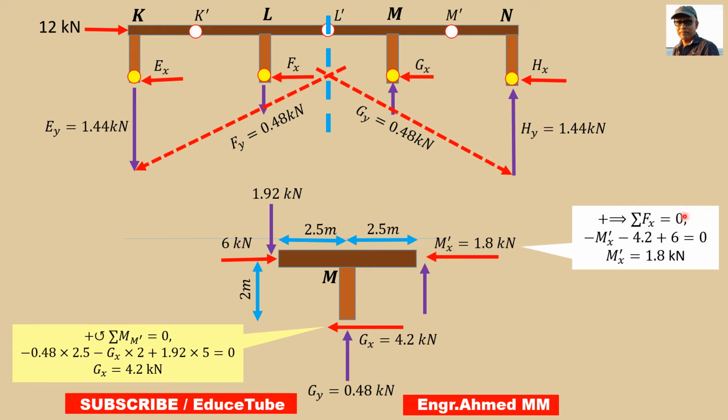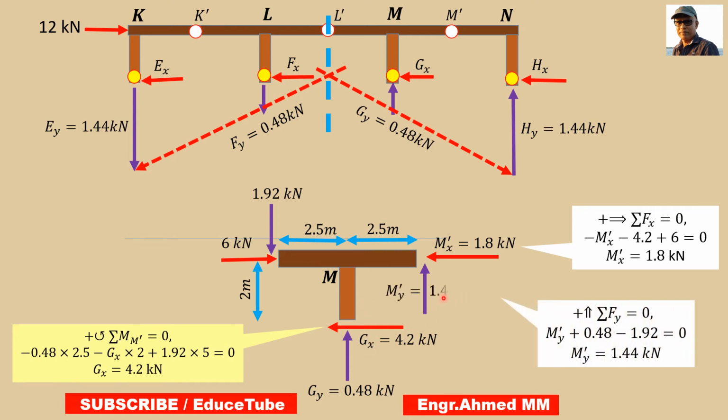Summing horizontal forces, here we have 6 and 4.2. Putting this, we get M prime x equal to 1.8. Now this also we can easily write by seeing these, but let's write the equation of equilibrium. So here we got M prime y equal to 1.44. So we are done with segment M. Now let's move on to segment N.